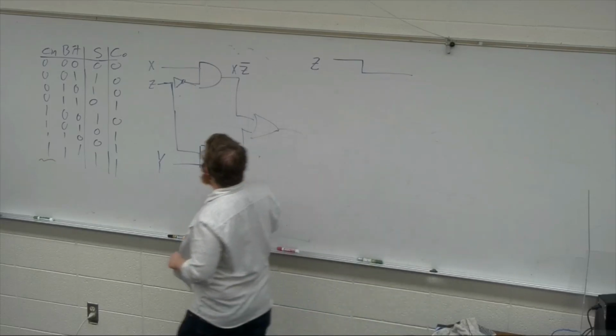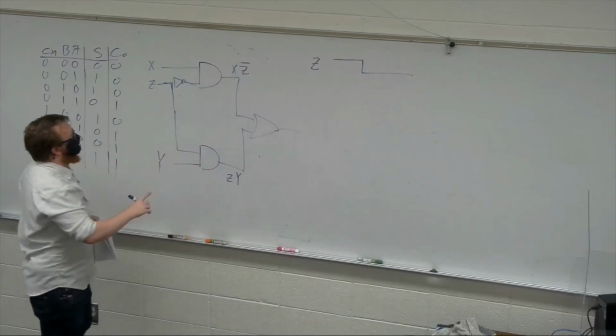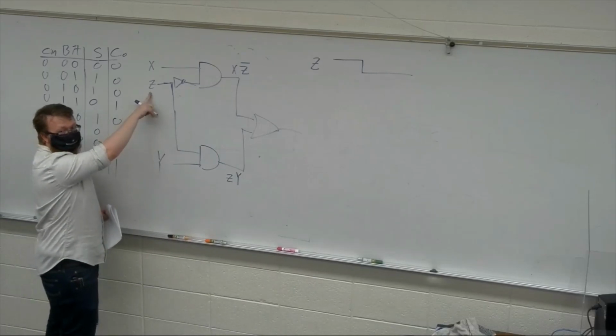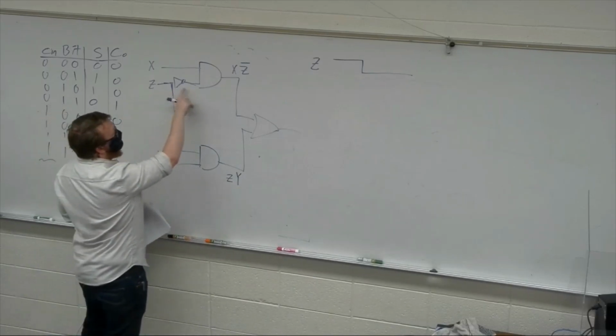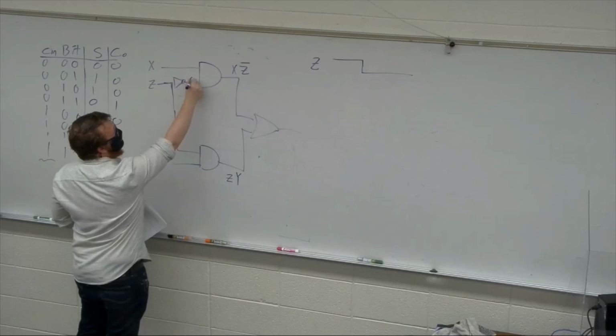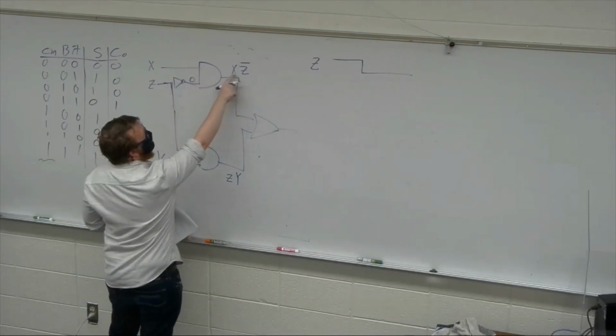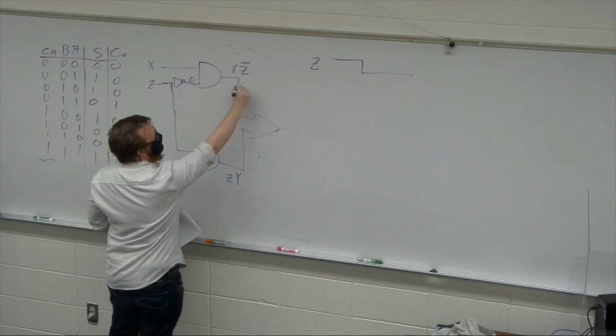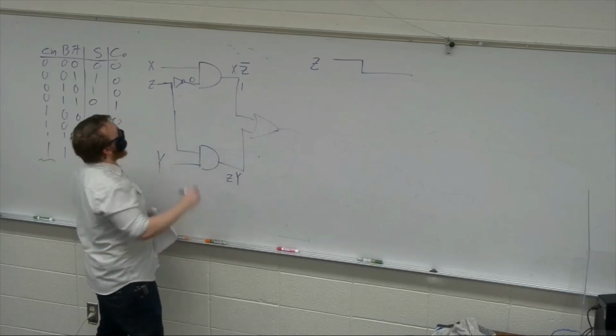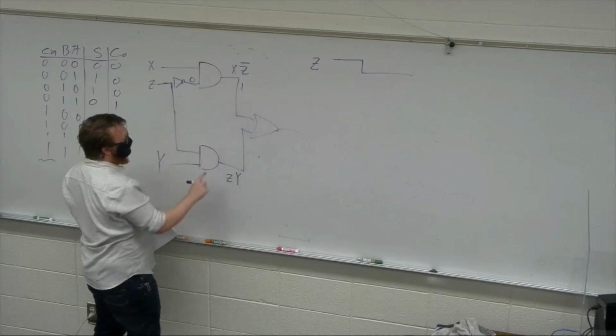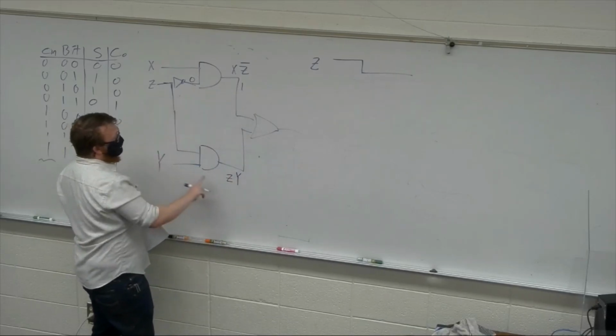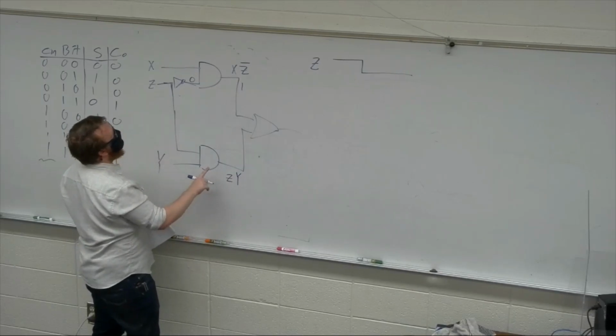Okay, so to start out, if Z is 1, Z bar is 0, which means X and Z bar is false, right? 0, 1, and Z and Y, wait, did I do that backwards?